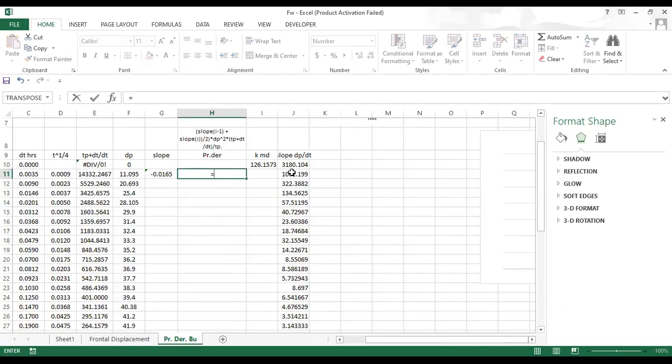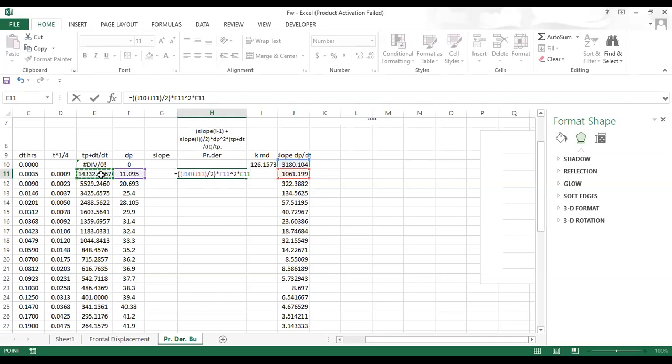Slope i minus 1, that represents the earlier slope, plus slope i, that is the current slope, average of these two, by 2 into dp square. So that is the square root of this dp whole squared, into dp plus delta t by delta t.